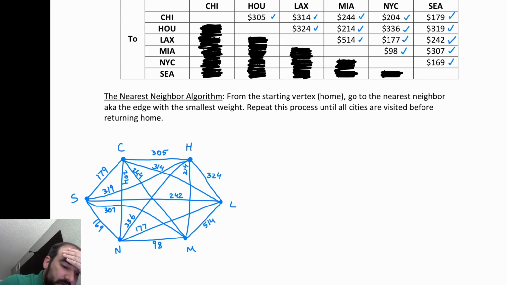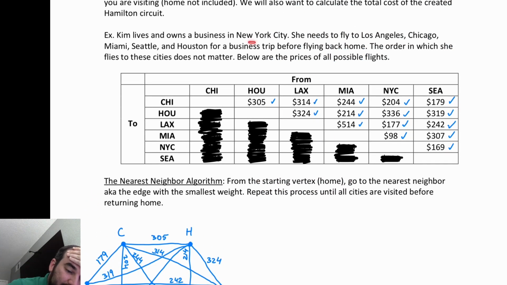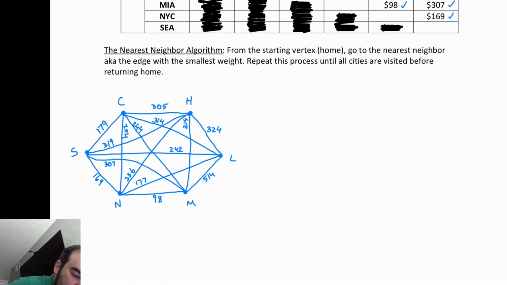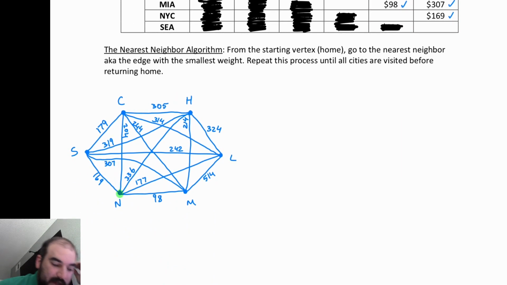So we want to do the nearest neighbor algorithm from the starting vertex, which is going to be home, which if we read the question up here, it says that Kim lives and owns a business in New York City. So I'm going to highlight New York City, and that's going to be our home vertex. That's where we're going to start from.